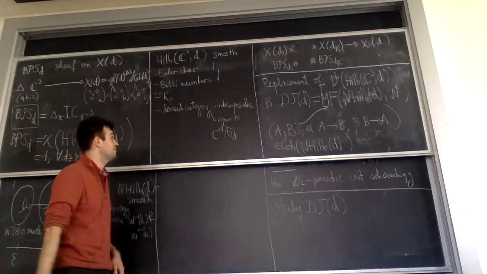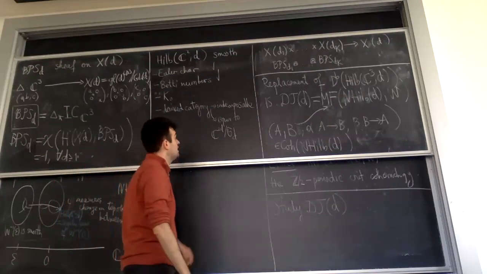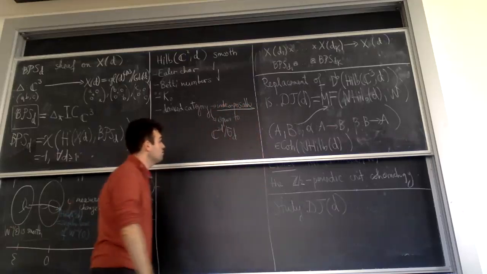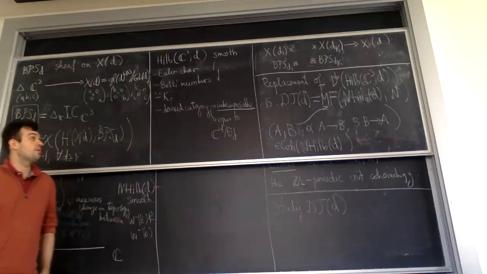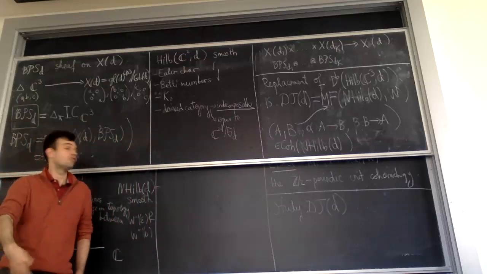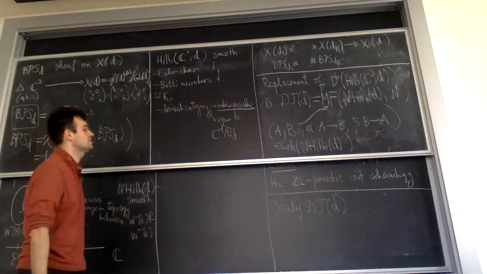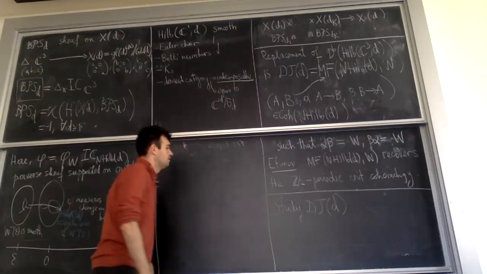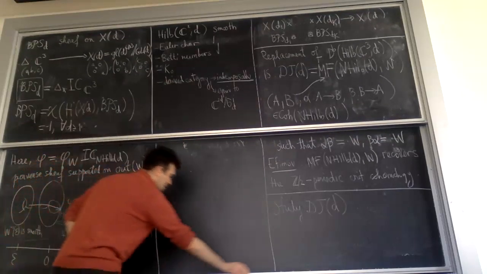We have this derived category associated to Hilb C3D. We want to see whether it is indecomposable or not. If it's not indecomposable, ideally you would find the decomposition into indecomposable pieces. And then the second part is to study those indecomposable pieces.